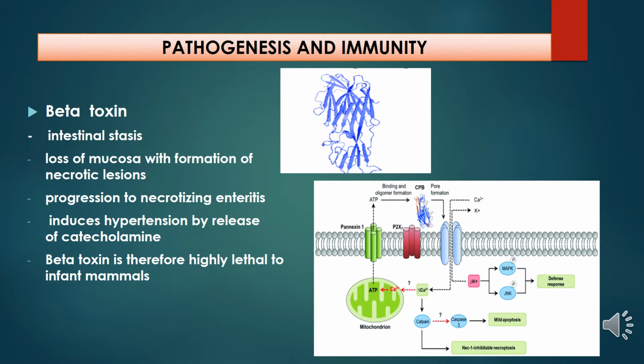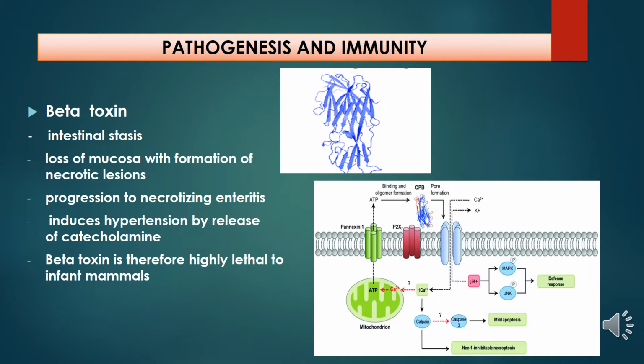So the second one, we have the beta toxin. The beta toxin is one of the 4 major lethal protein toxins produced by Clostridium perfringens type B and type C strains. It is a necrotizing agent and it induces hypertension by release of catecholamine.